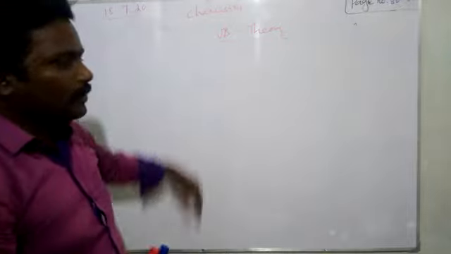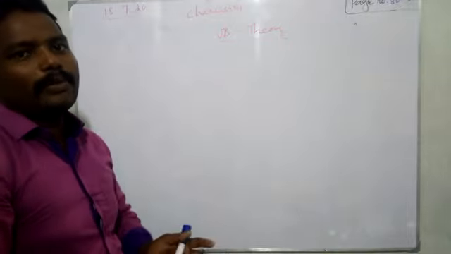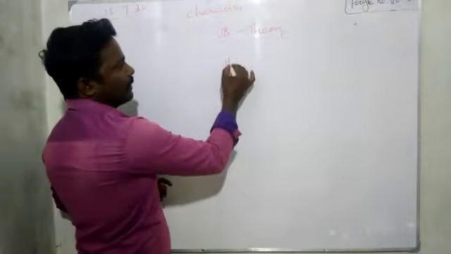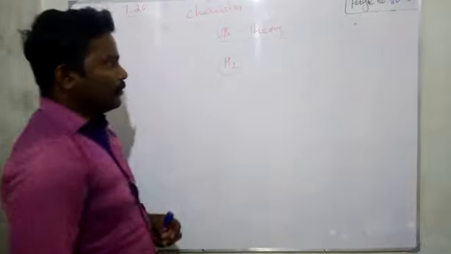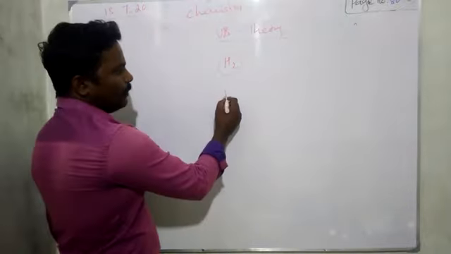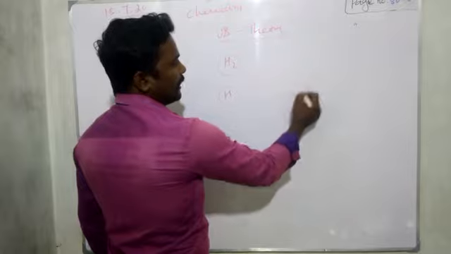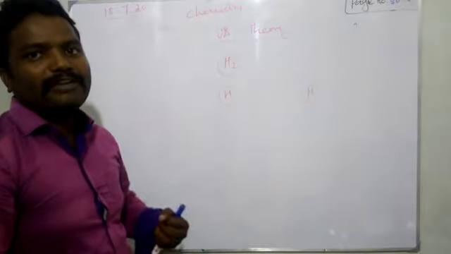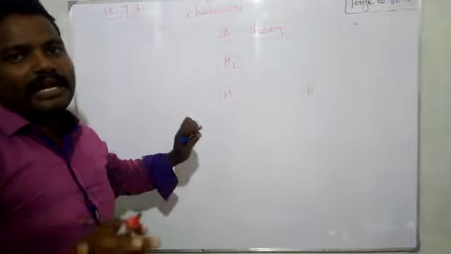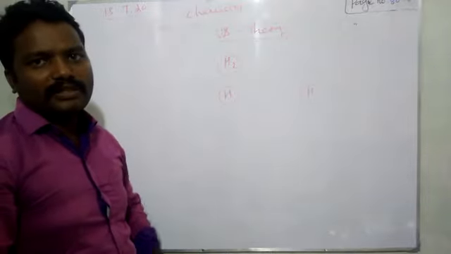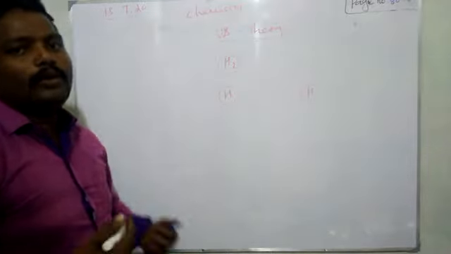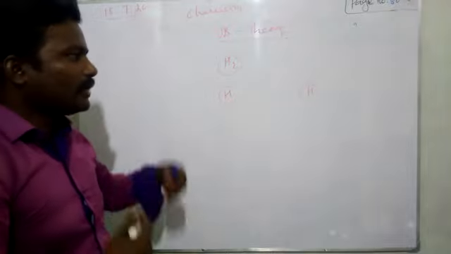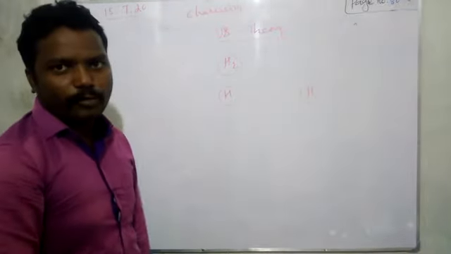Now we will learn with a smaller molecule like hydrogen, H2, right? If you see one hydrogen and another hydrogen far apart, at infinite distance, they have stable electronic configuration, zero potential energy, and they don't have any repulsive or attractive force.